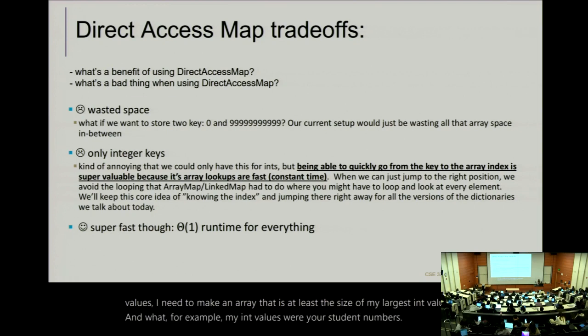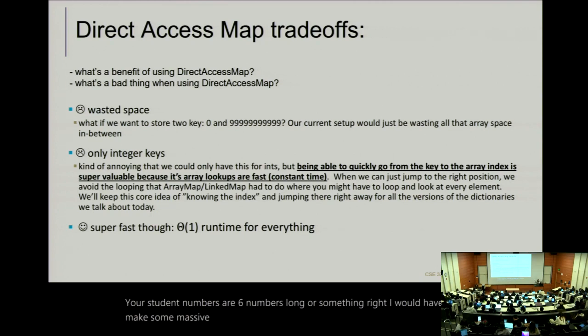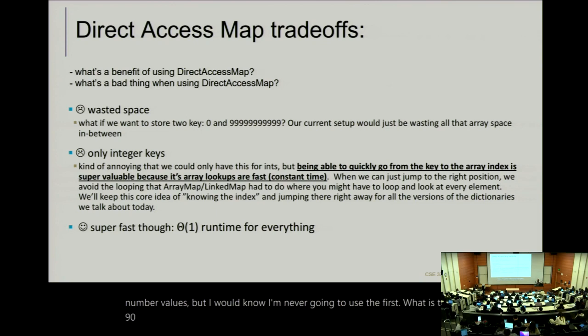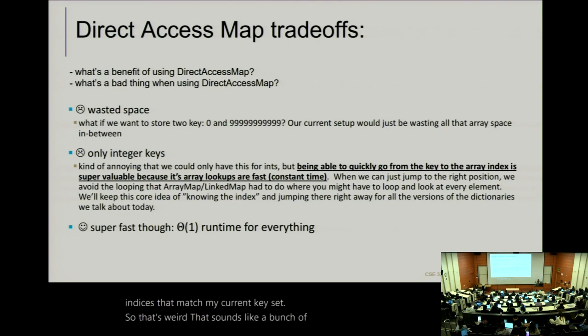Your student numbers are like 6 numbers long or something, right? I would have to make some massive array so that I could get all of those wonderful student number values, but I would know I'm never going to use the first 99,000 spaces of the array, because I had to make this massive array just to get indices that match my current key set. So that's weird. That sounds like a bunch of wasted space. That's not a good time.